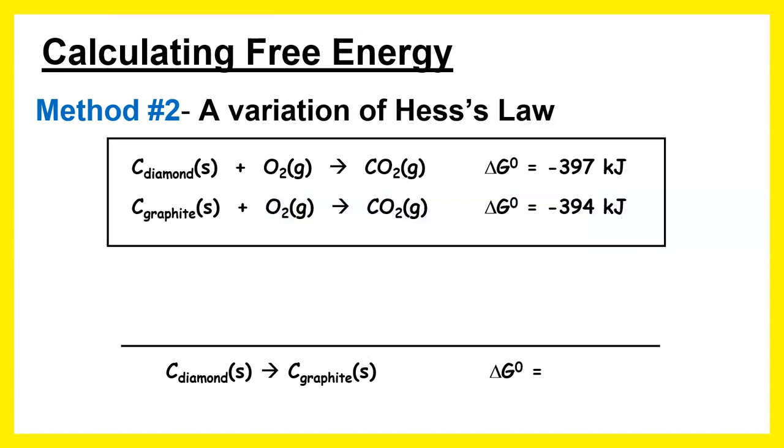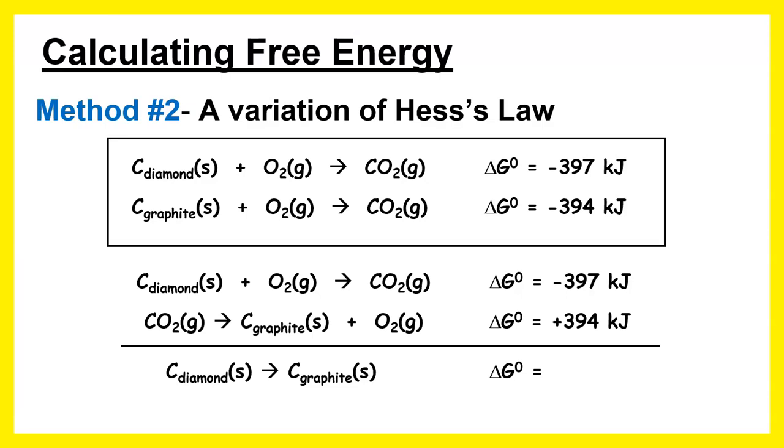Another way we could do this is by going backwards and doing Hess law type problems. What we can do, for example, is say, look, here's reaction 1. I'm going to flip reaction 2. I'm going to cross out things that show up on both sides. I'm going to add my delta G's.